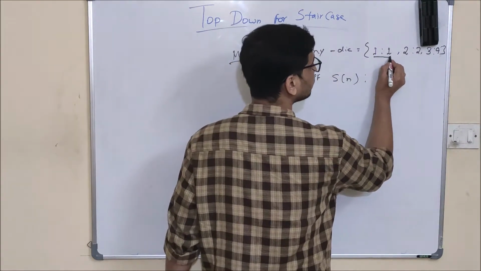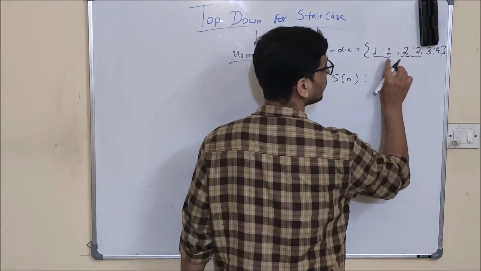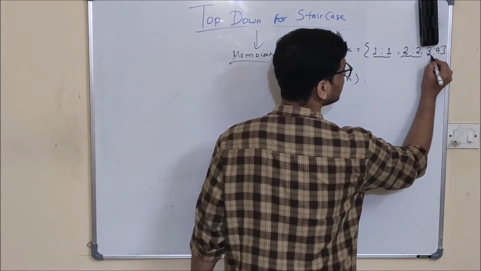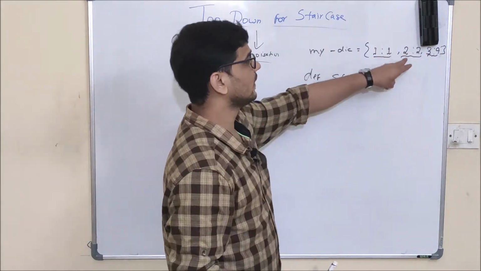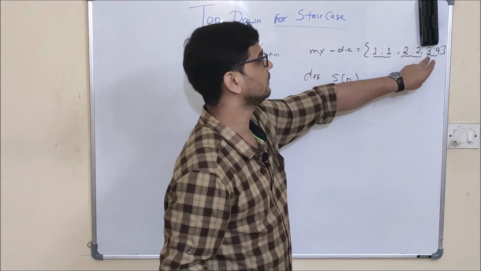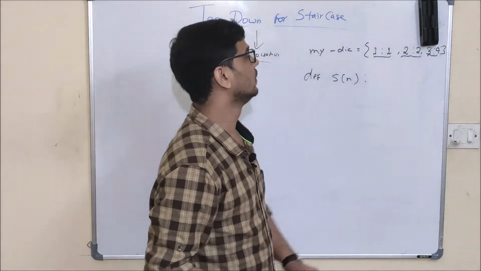This is my first base case, n is equal to 1, this is my second base case, and this is my third base case. That is, if n is equal to 1, I will return 1, if n is equal to 2, I will return 2, if n is equal to 3, I will return 4.